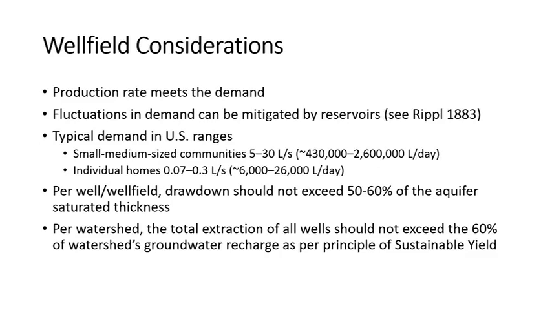The drawdown should not exceed 50 to 60% of the aquifer saturated thickness. So more or less, you're only allowed to draw down half of the saturated thickness of the aquifer.